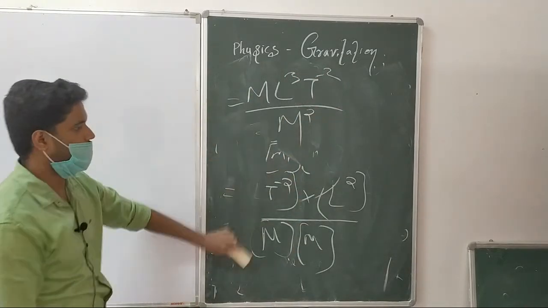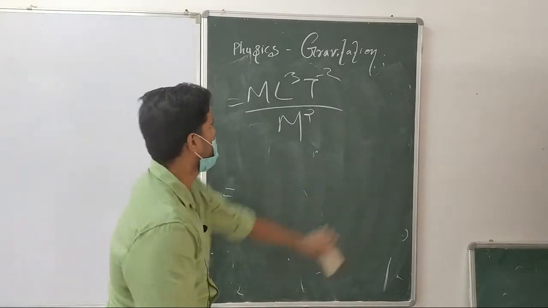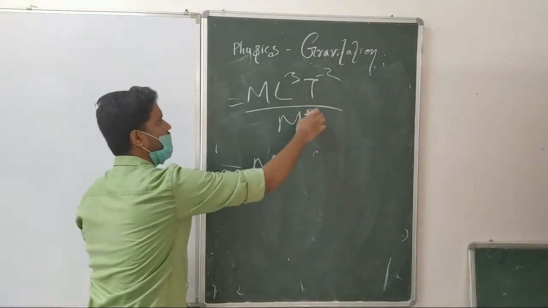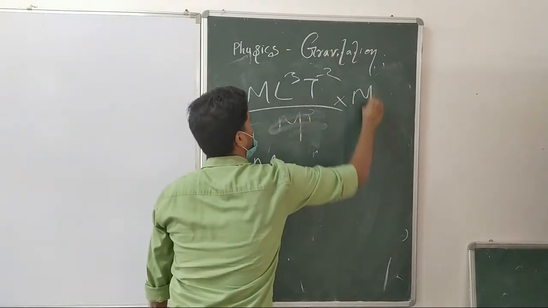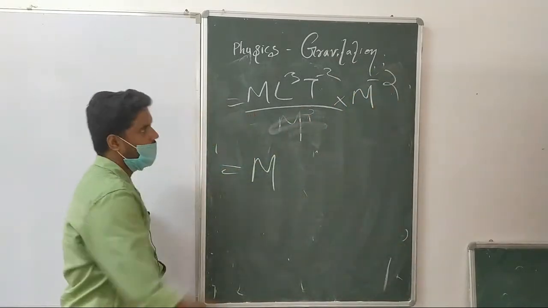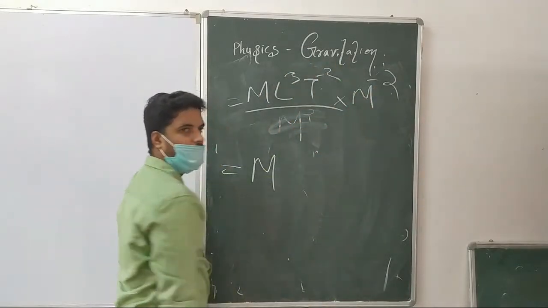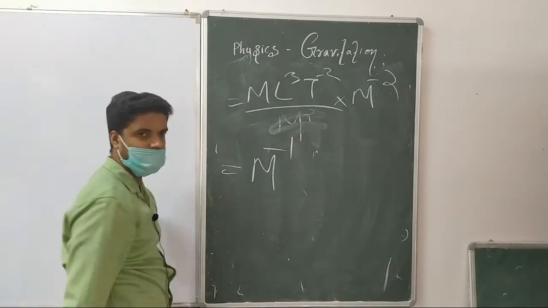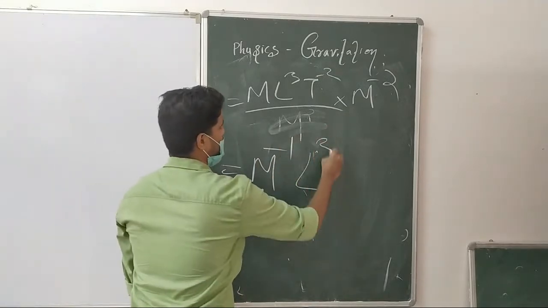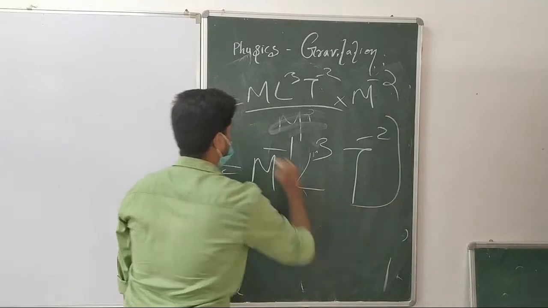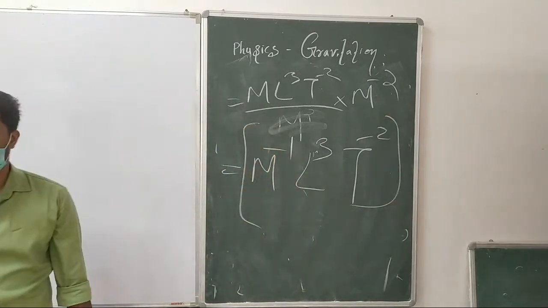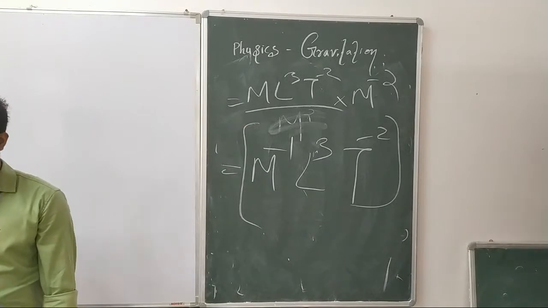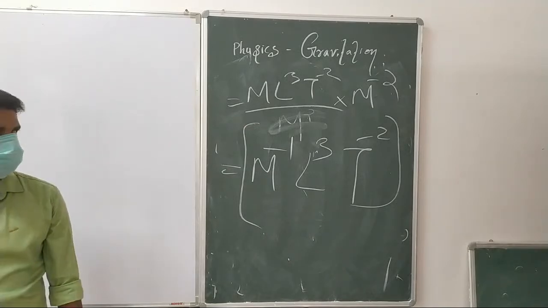Final equation. This 2 will go up and it will turn to M raised to minus 2. a raised to m into a raised to n is a raised to m plus n. M raised to minus 1 L cube T raised to minus 2. Hope you all got the answer. Those who didn't get it, you can do it once more.